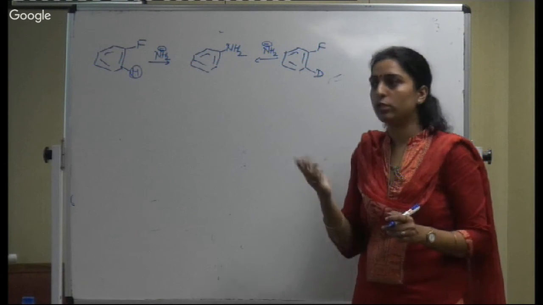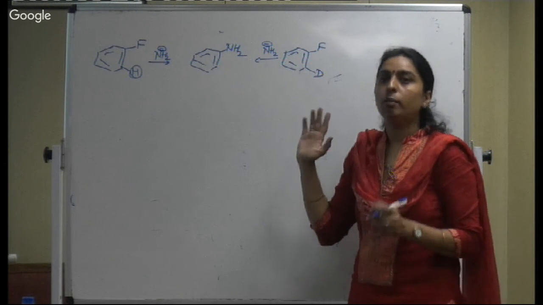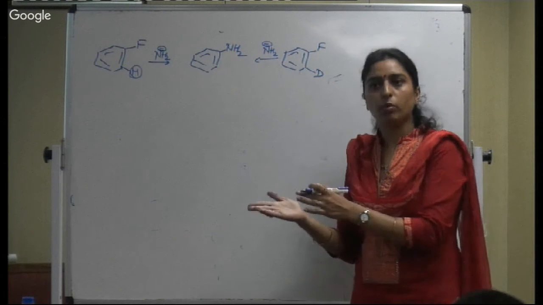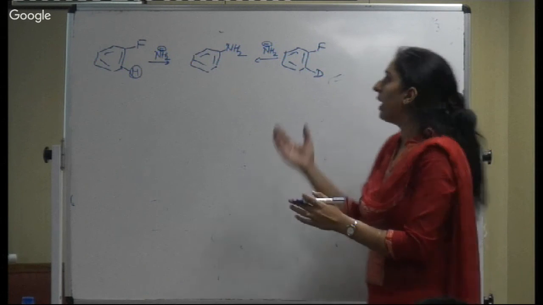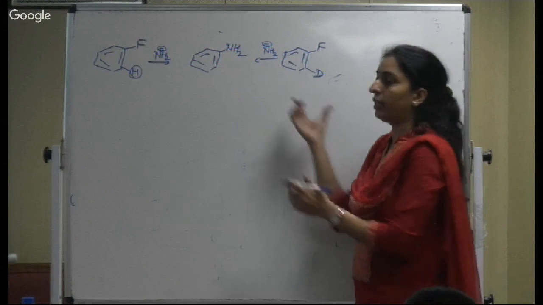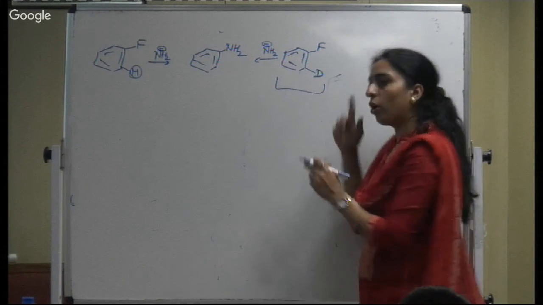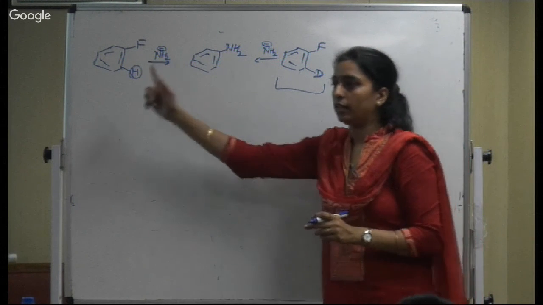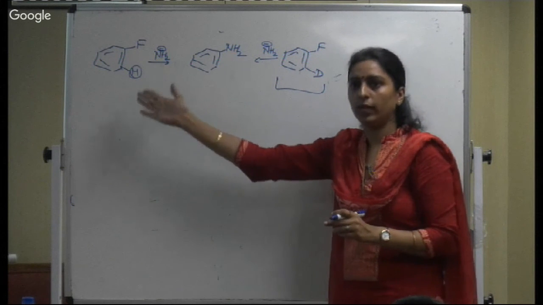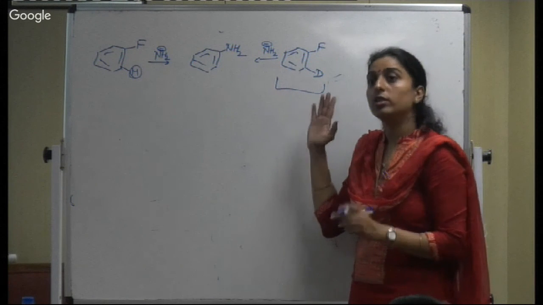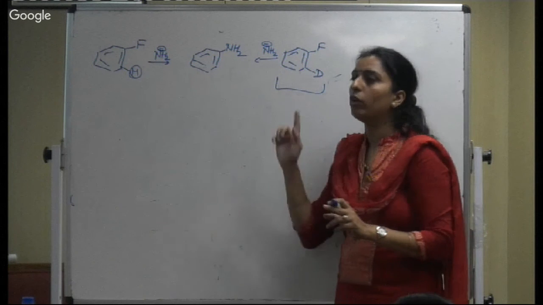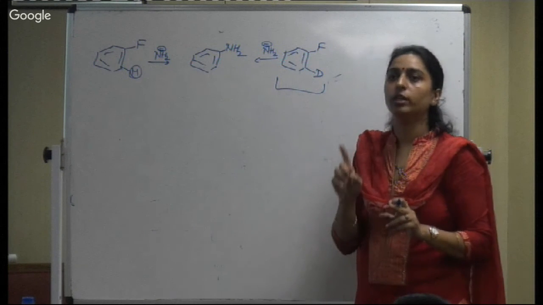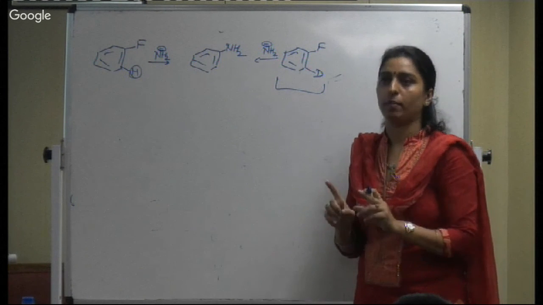Had it been excess, both would react. But whichever reacts fast will give its product. So it was observed that the unreacted starting material contained more amount of ortho-deuteriofluorobenzene rather than simple fluorobenzene. That was there, no doubt, but this was more. So it's a clear indication that the removal of hydrogen is also involved in the rate determining step. That is the slow step.